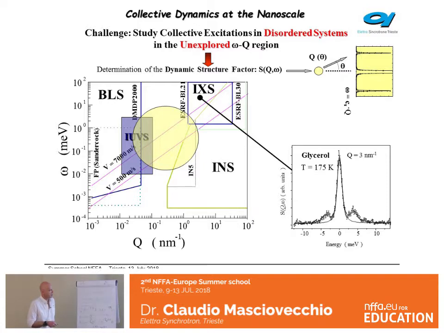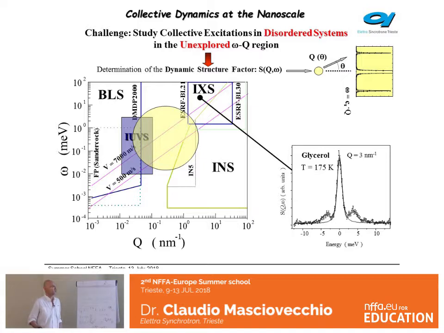The region here that I put this yellow circle is very interesting, because if you take Q and you take 2 pi over Q, this is in the nanoscale, 1 to 10 nanometers, which is a kind of interesting scale, as we will see later on.